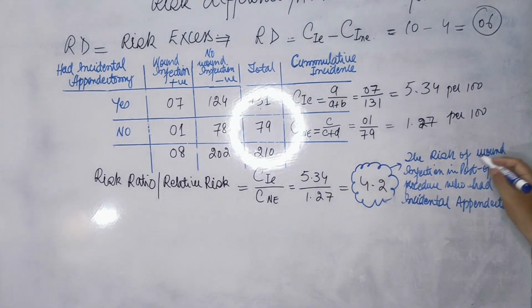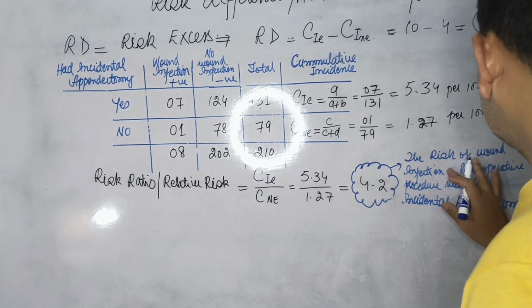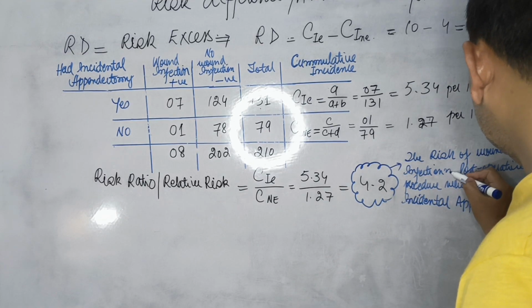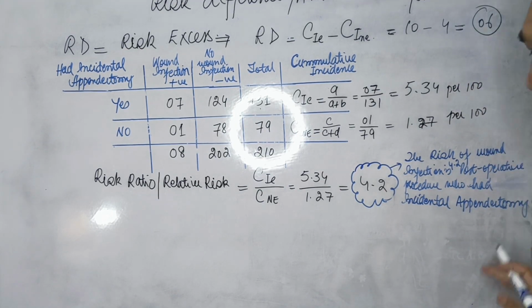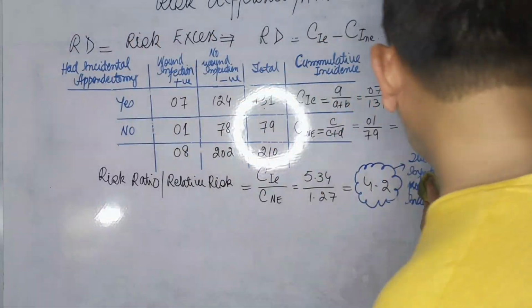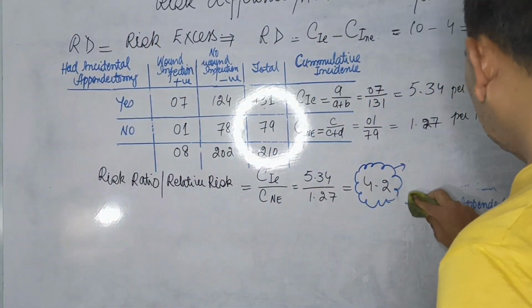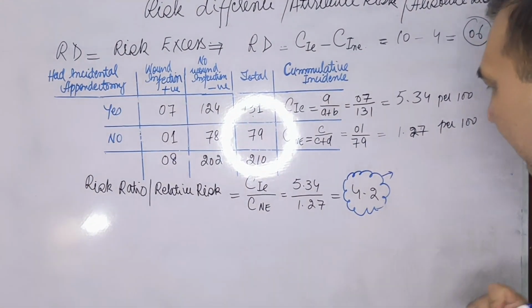The risk of the wound infection is 4.2 times. Let me write in a proper way.